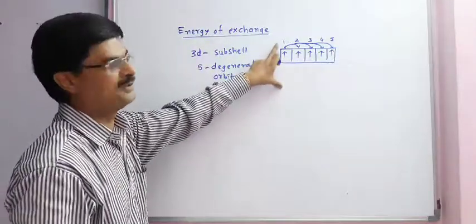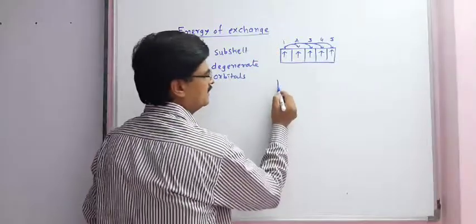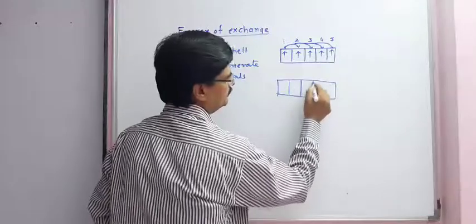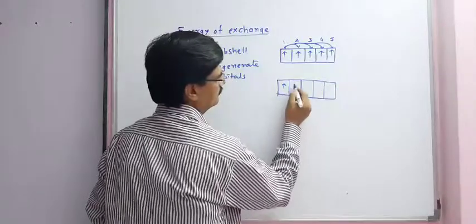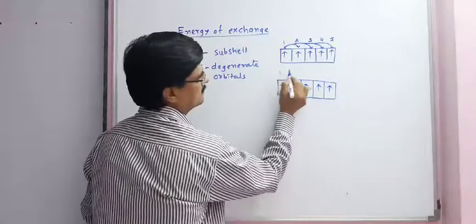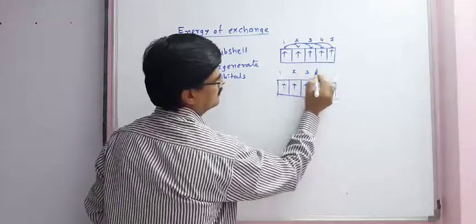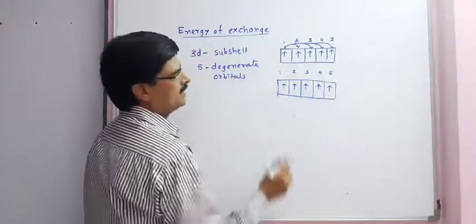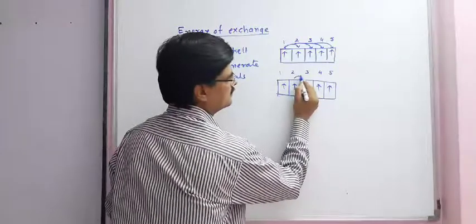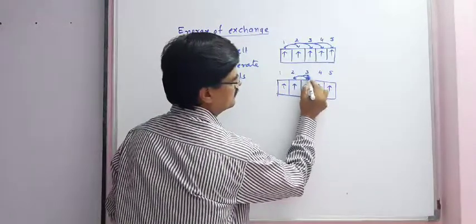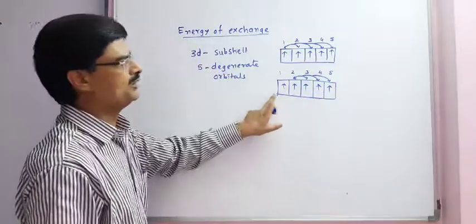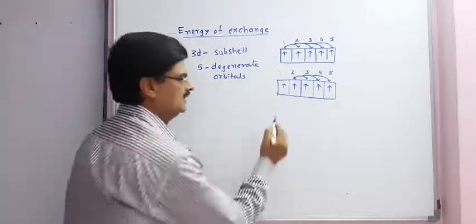In the same way for the second electron, total exchanges can be shown by using this type of simple diagram.